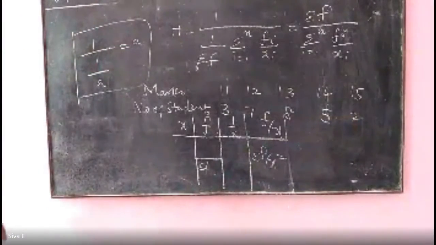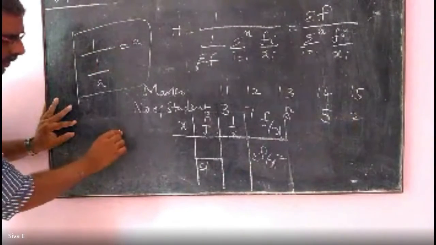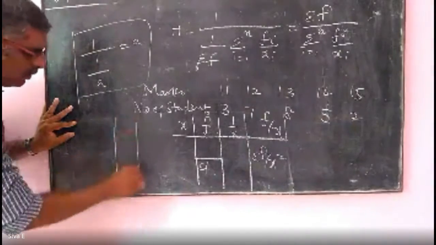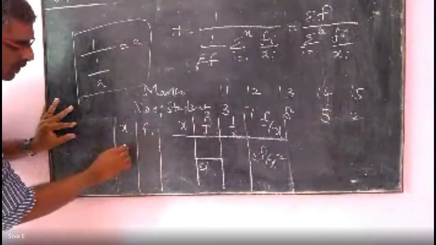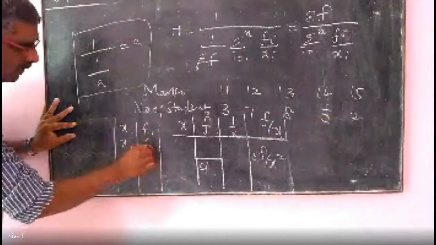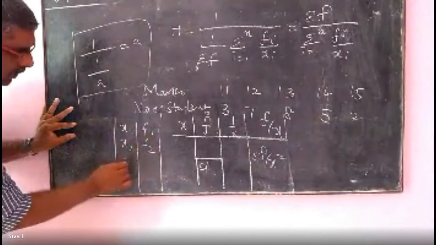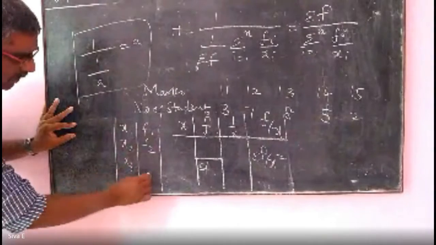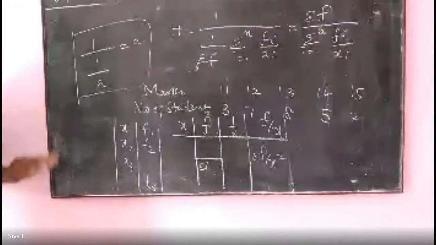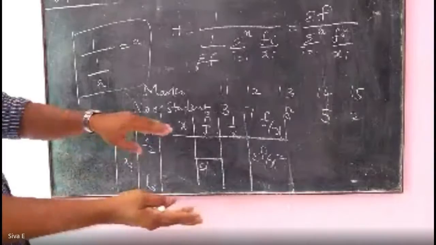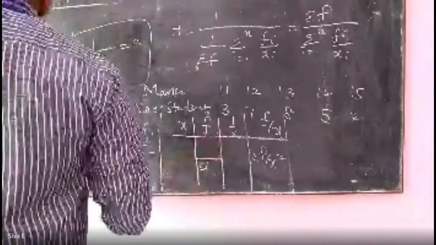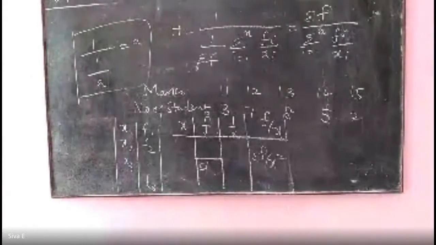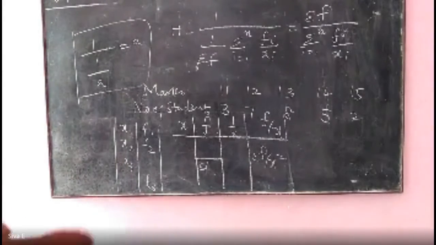When you are writing the table, write very clearly x1, f1. Sometimes they write f2 here, then x3, sometimes f3 may be here, and the order of the table will be different. In case 10 or 20 data are given, the order may be changed.